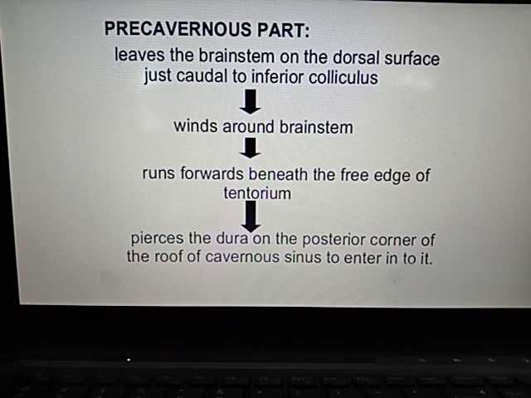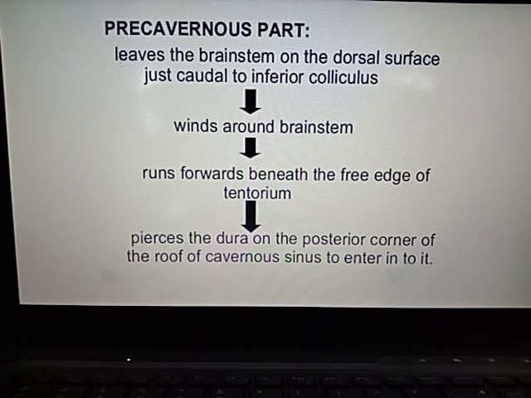In this precavernous part, it passes between the posterior cerebral and the superior cerebellar artery. It enters the cavernous sinus by piercing the dura mater at the crossing point of the free and attached border of the tentorium cerebelli, a little behind the posterior clinoid process.